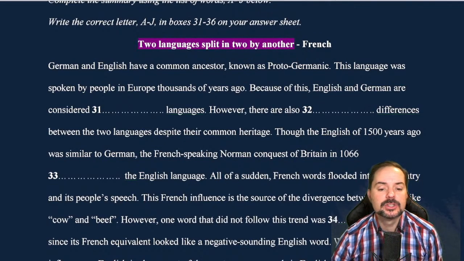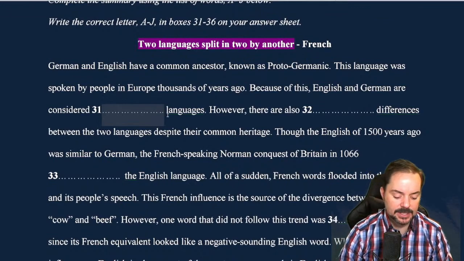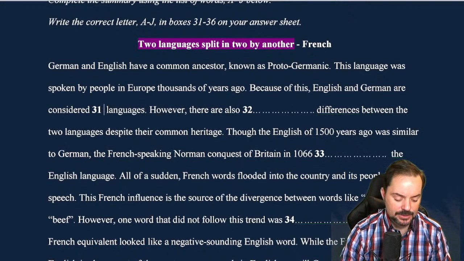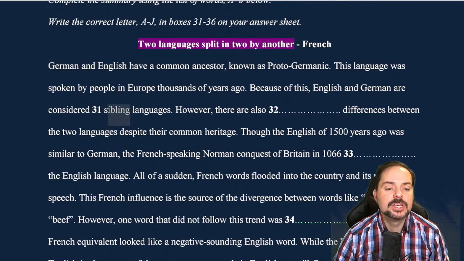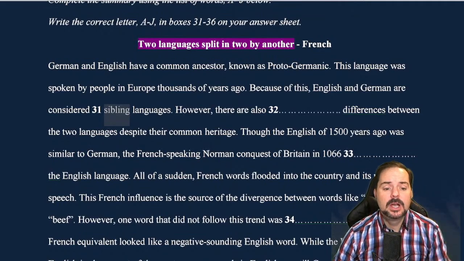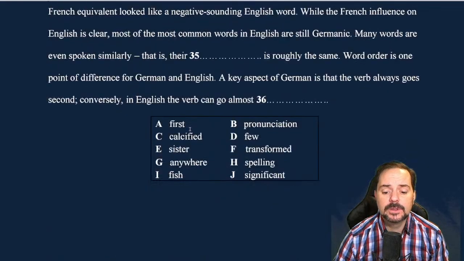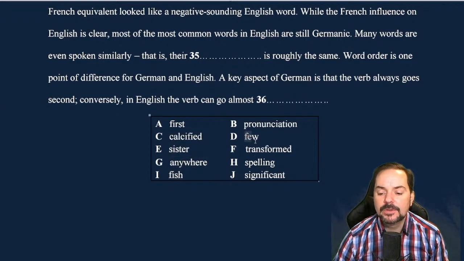Sibling, that's right, Janil. So here I have sibling, right? For 31. Sibling languages. Okay, and so sibling languages, now I can look for this. Let's see, first, calcified, sister, anywhere, fish, pronunciation, few, transformed, spelling, significant.